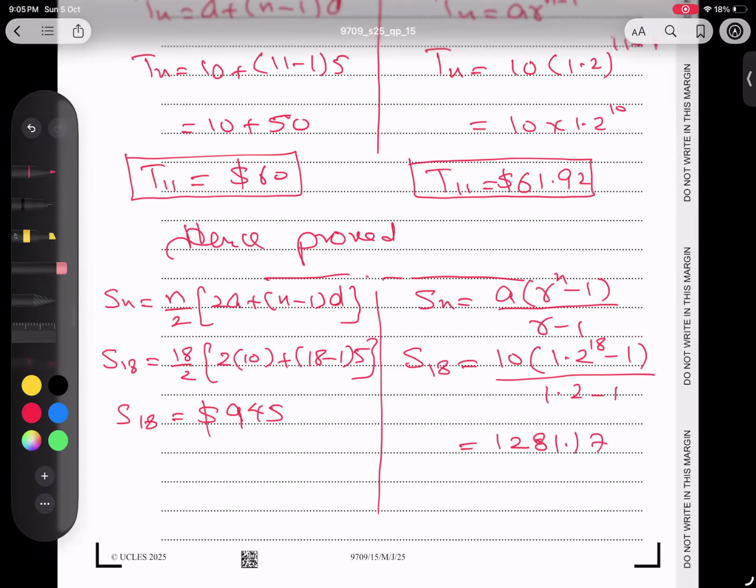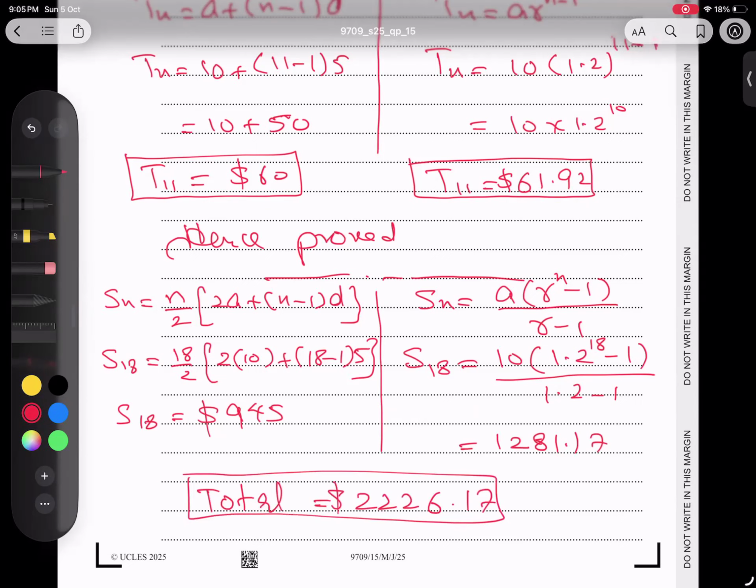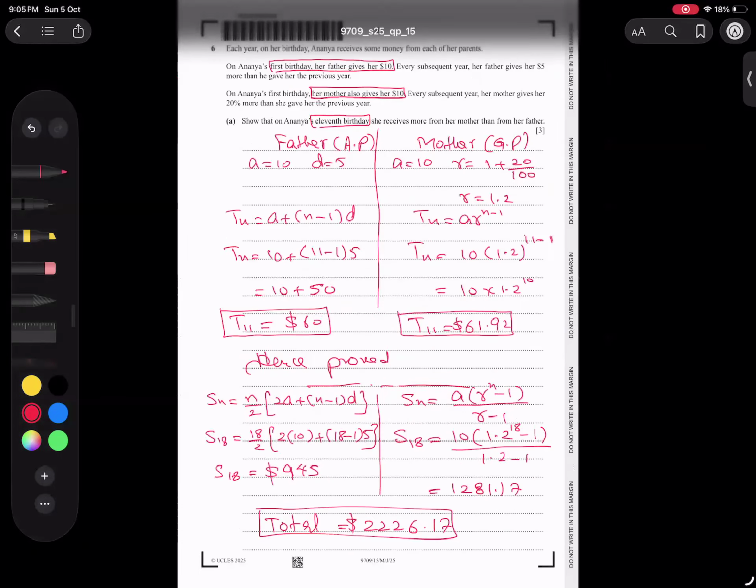And now we have to find the total amount. How to find the total amount? If we add them both, this and this, the answer turns out to be finally 22,222.617. So I hope the concept is very clear and the question is completely over.